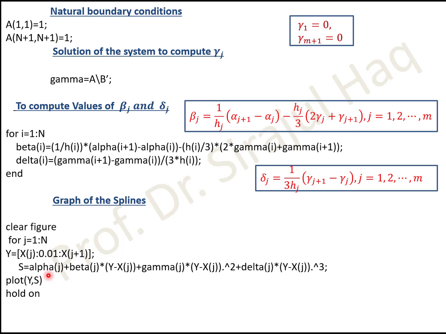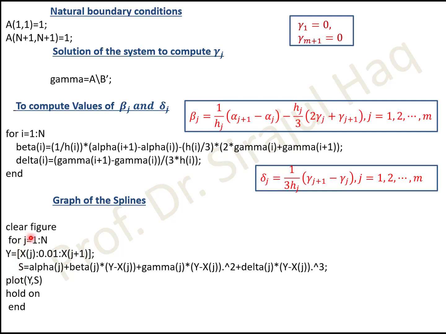So what the computer will do for you, it will go back, will take j is equal to 2, x2 and x3. So it will generate a vector with the step size 0.01 between x2 and x3. And for every component of this vector it will find out the value of s for you and will plot for you again. Then it will go again, will take j is equal to 3, will generate a vector between x3 and x4, and will generate the values of s at these components of the vector and will plot for you.